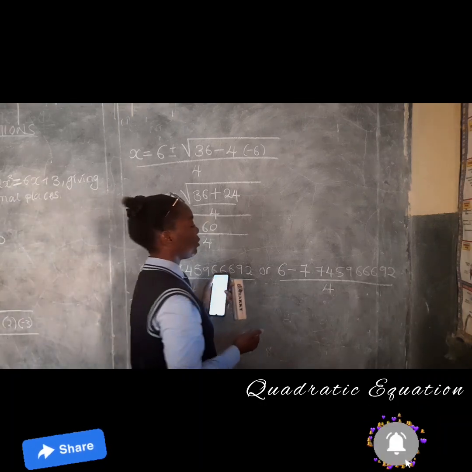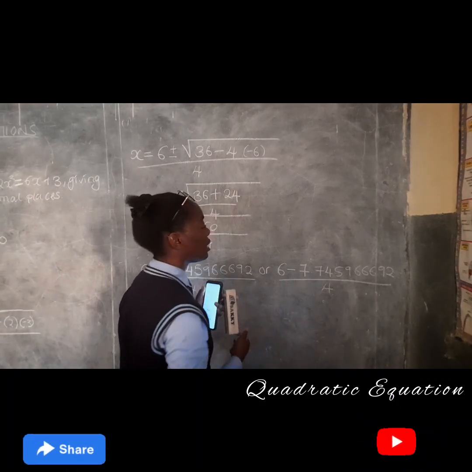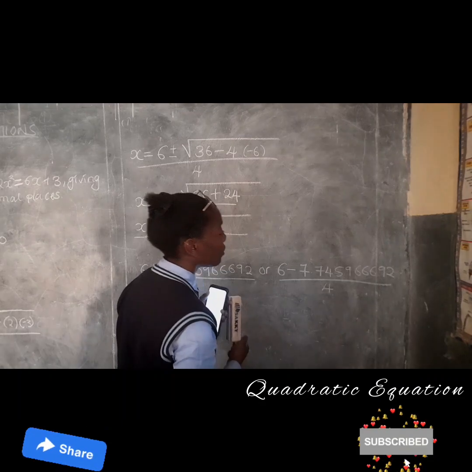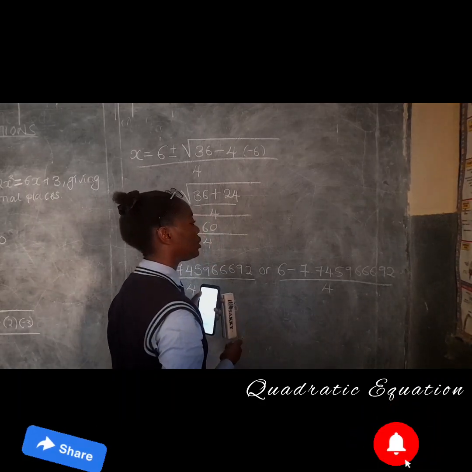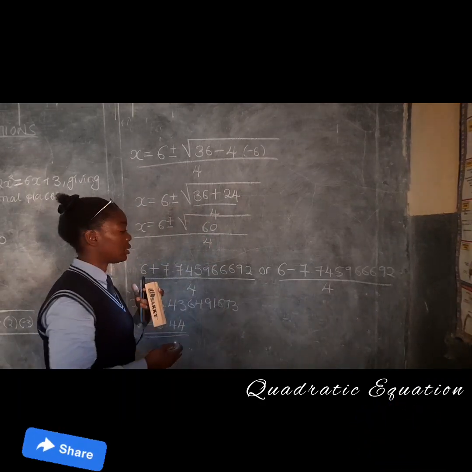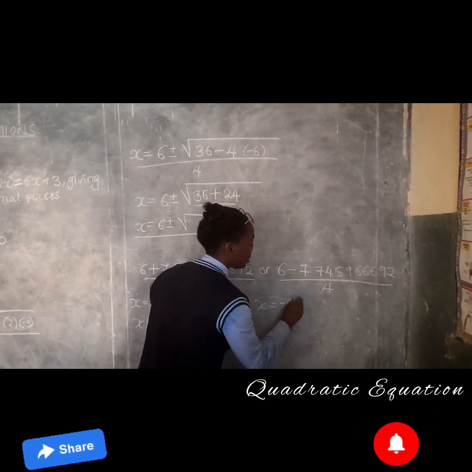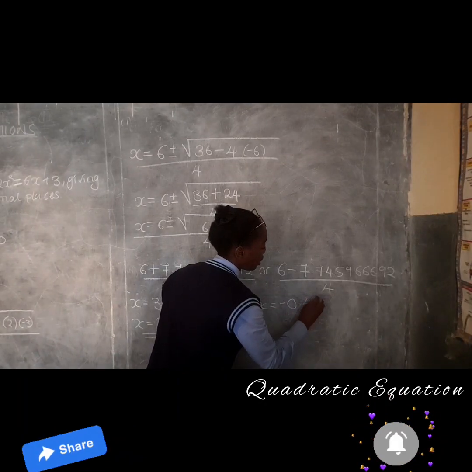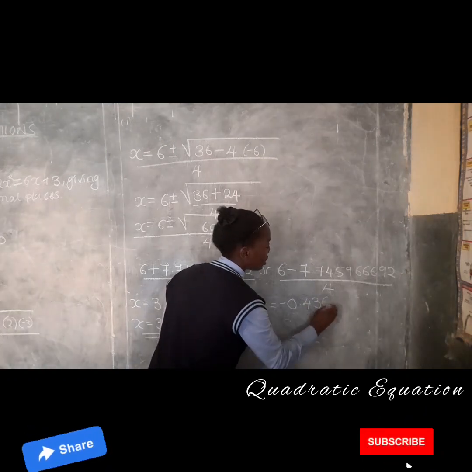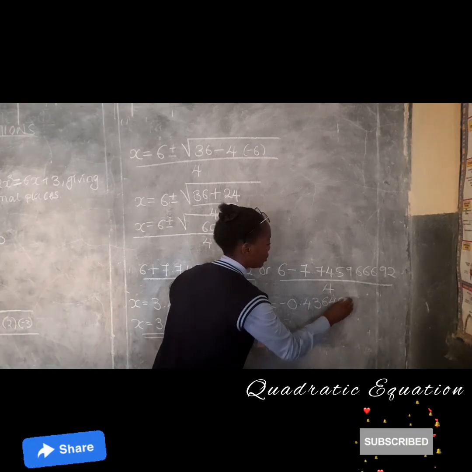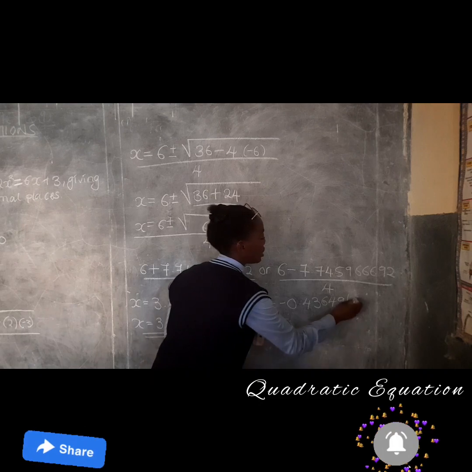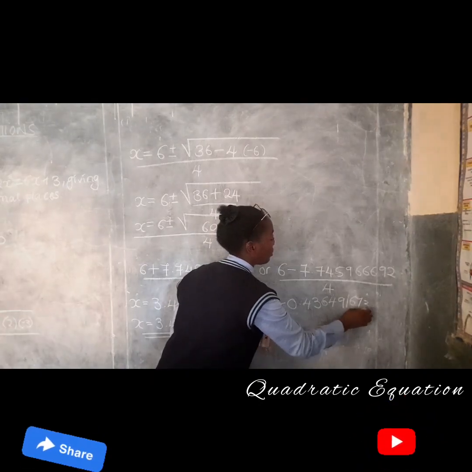And here, if we punch 6 minus 7.74596669 divided by 4, what is it giving us? Negative 0.436491673.